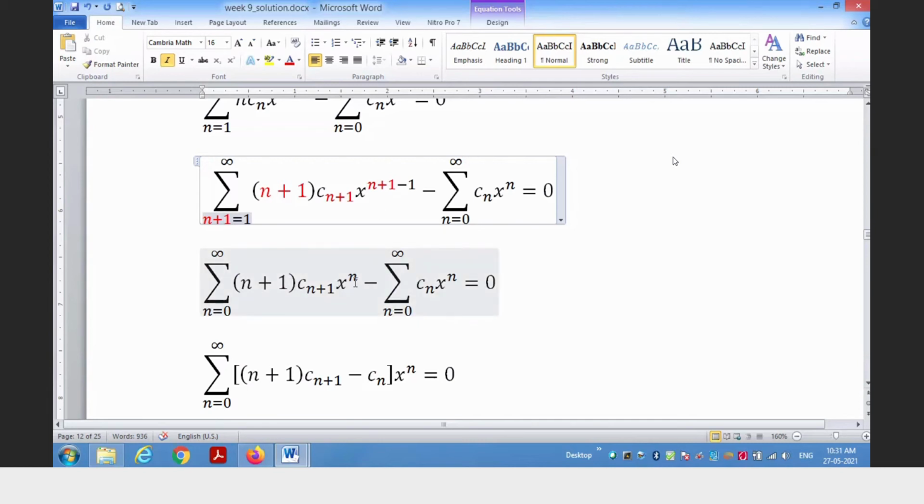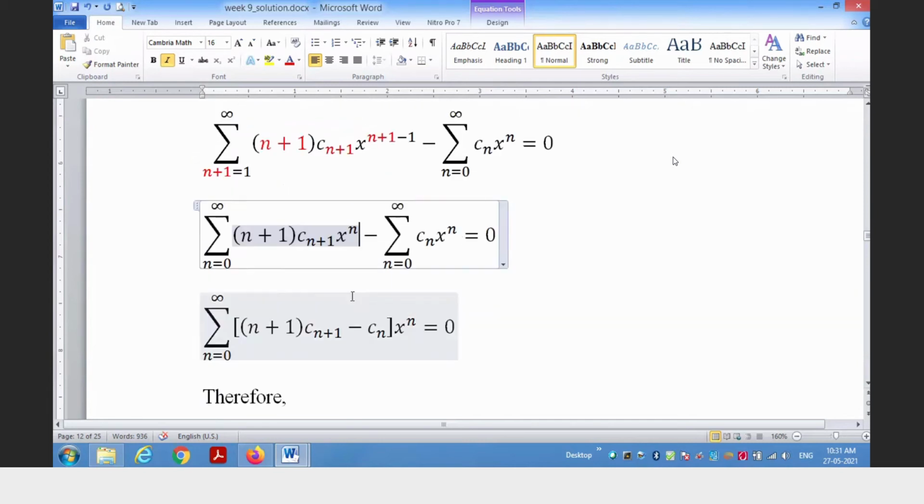Now both series have the same power, x^n, and both summations start with the same index, 0.